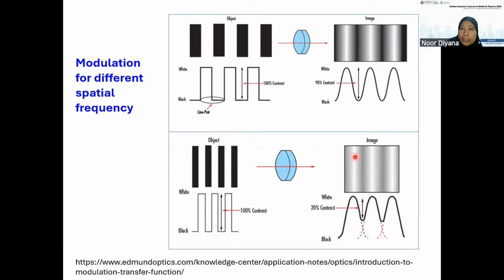For example, like this, you can clearly see the gap between the lines, so it will give you lesser contrast. So this is how the modulation is performed.